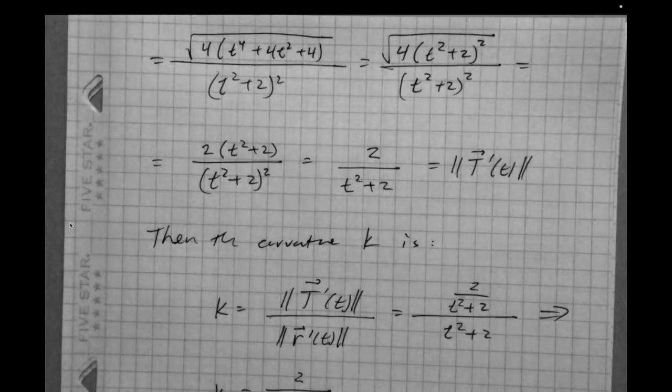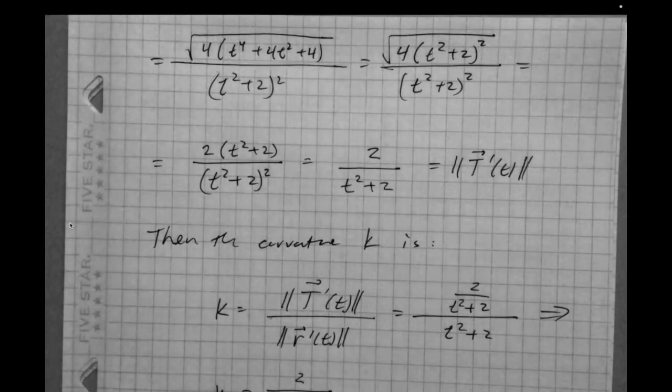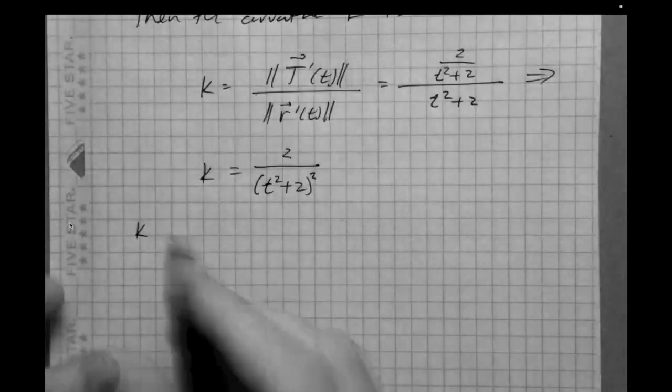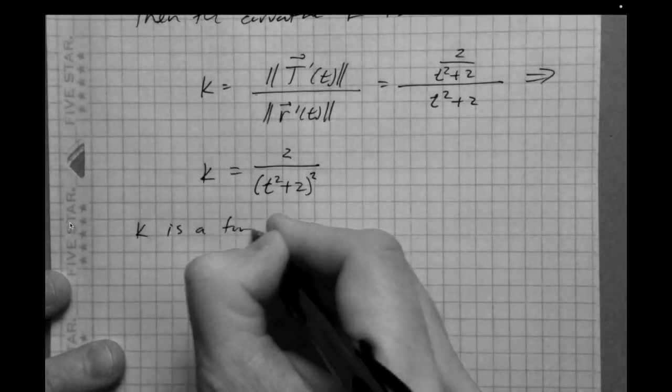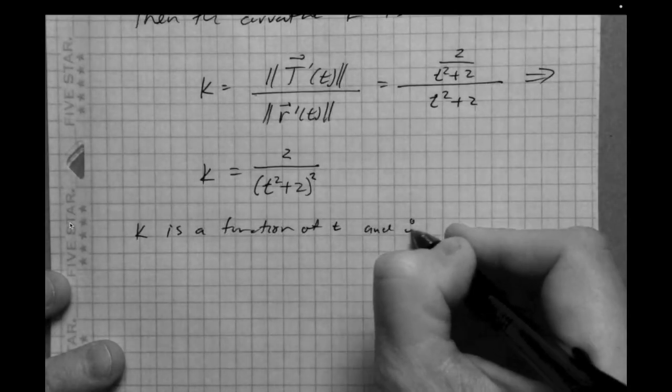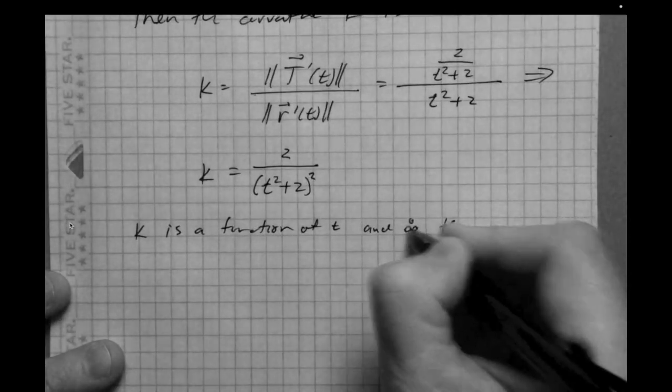Okay, so we can see here that K is a function of t, right? In this case, K is a function of t, and hence the curvature is not constant.